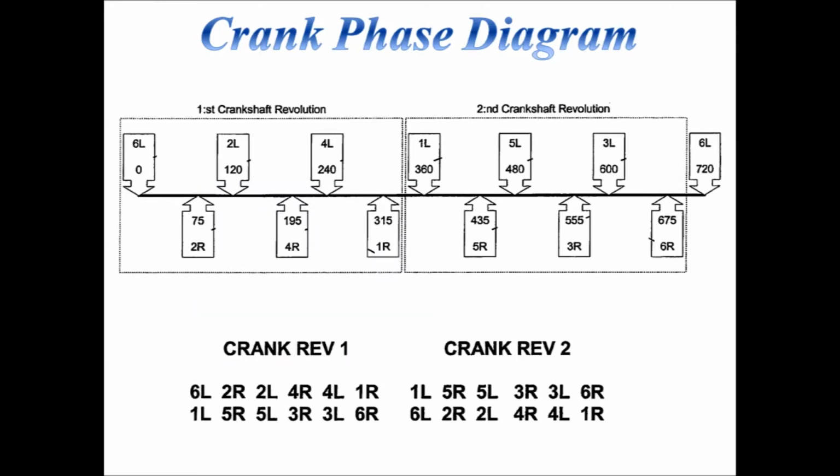The diagram shows the arrangement of the 12 cylinder engine, where L is the left side and R is the right side of the engine. In a V12 cylinder engine, there will be two crankshafts. Now I'm showing the first crankshaft revolution and the second crankshaft revolution of our V12 cylinder engine.